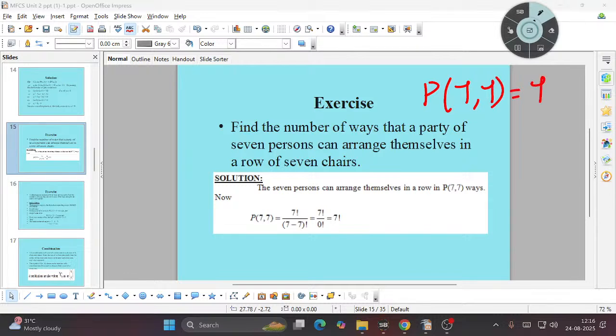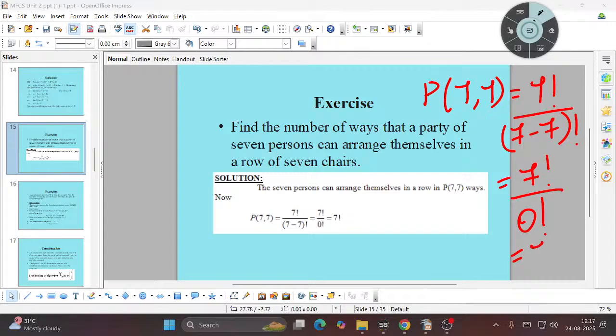So 7 factorial by 7 minus 7 factorial, which is equal to 7 factorial by 0 factorial. So what is the answer? 7 factorial, which is equal to 5040 ways. So here you are going to place 7 people in 7 chairs in that many possibilities. Complete the answer.